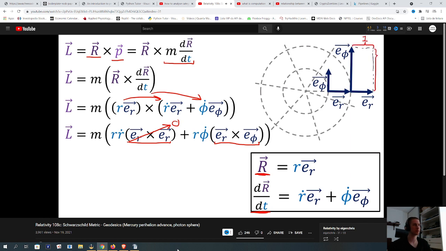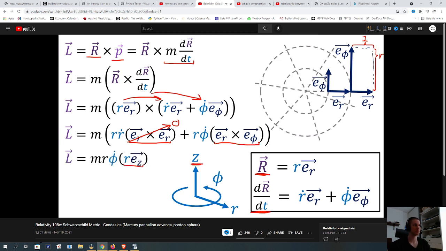This area is 1 times r, since e_phi has length r, and the perpendicular vector is e_z. So the radial velocity doesn't contribute to angular momentum, only the angular velocity does. And rearranging, we see that the magnitude of the angular momentum L over m r squared equals phi dot.